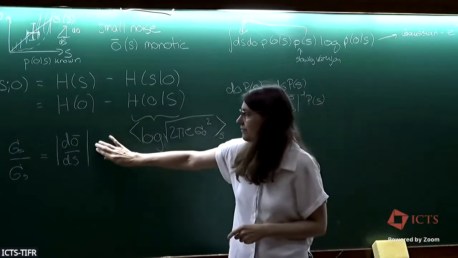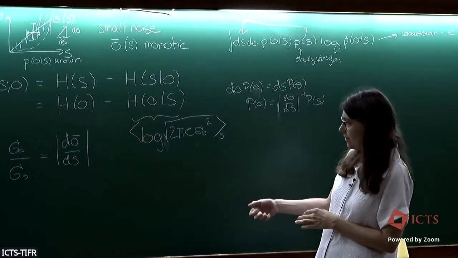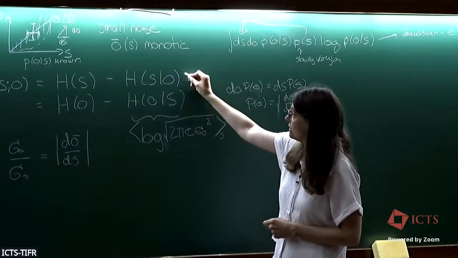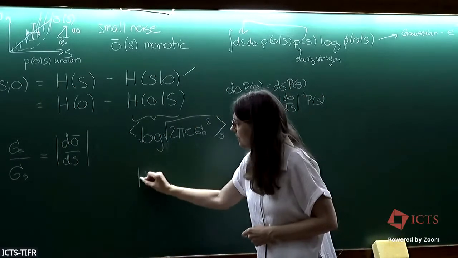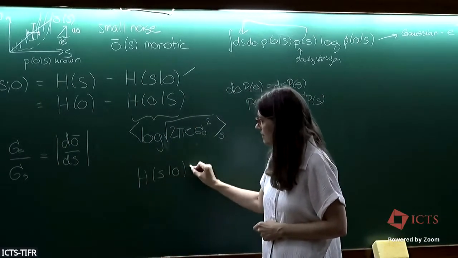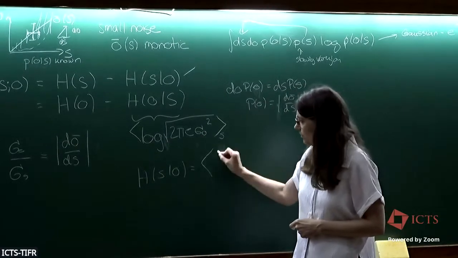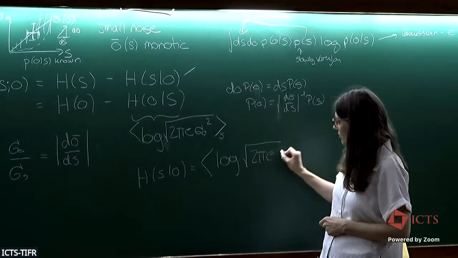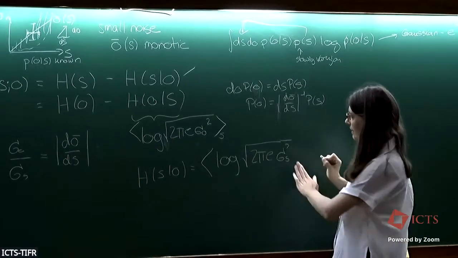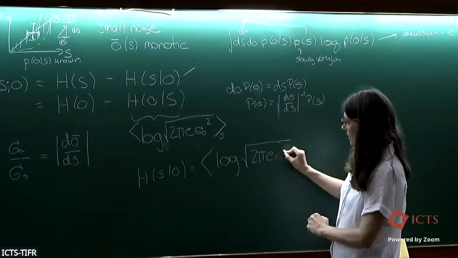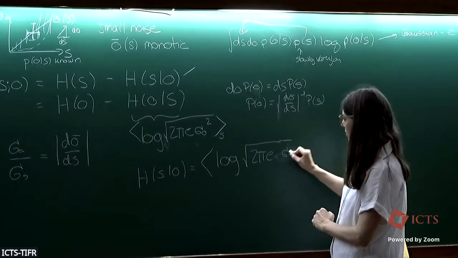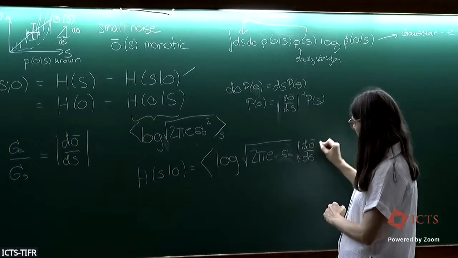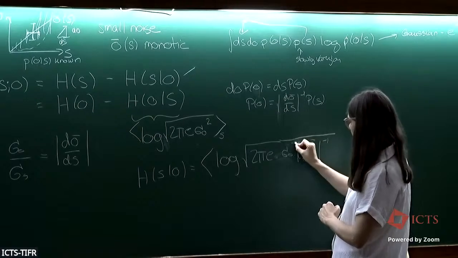So we have this absolute value for these derivatives, and then you can say that if I want to use H of S given O, that just depends on this noise in S, which I can now write as this noise in O times do ds to the -1, -2.